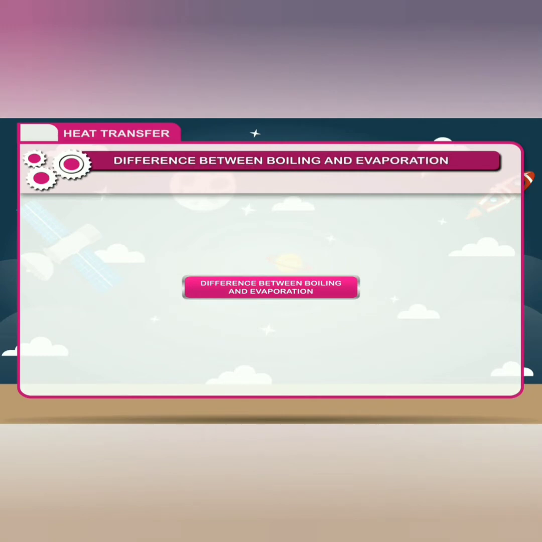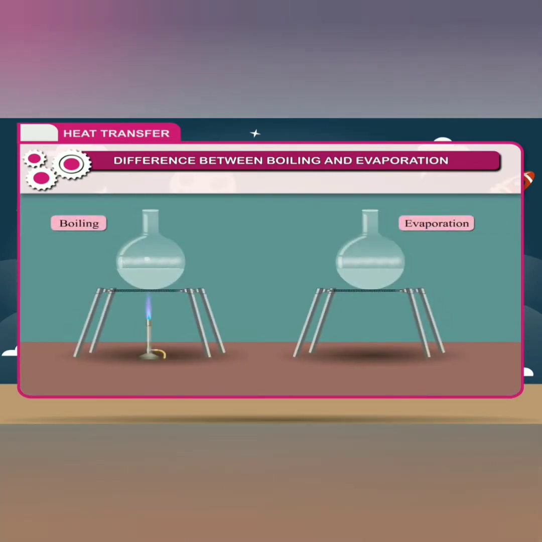For studying heat transfer, let me first explain the difference between boiling and evaporation. In both boiling and evaporation, matter changes from liquid to gas, but the two processes are quite different. When the temperature of matter increases, the particles of the matter gain energy and move with a greater speed.